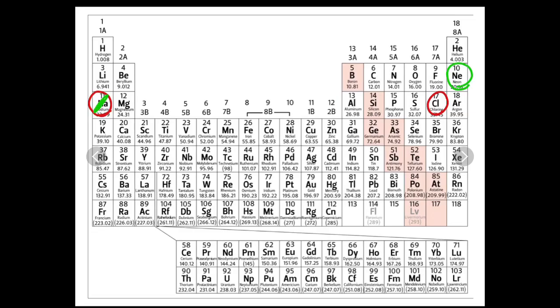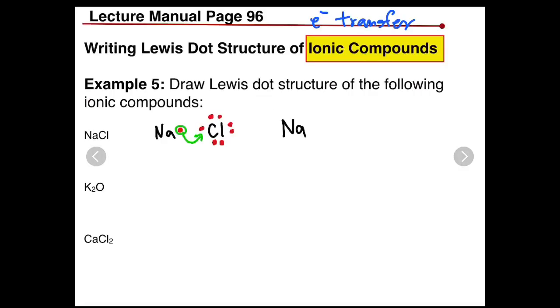That means it's already achieved the stable electron configuration. So in this case, you don't need to specify any electron around sodium at all, but you will need to specify its charge. Because sodium already lost 1 electron, the charge of sodium would become +1, because it lost 1 negative, so it's going to become a positive value.